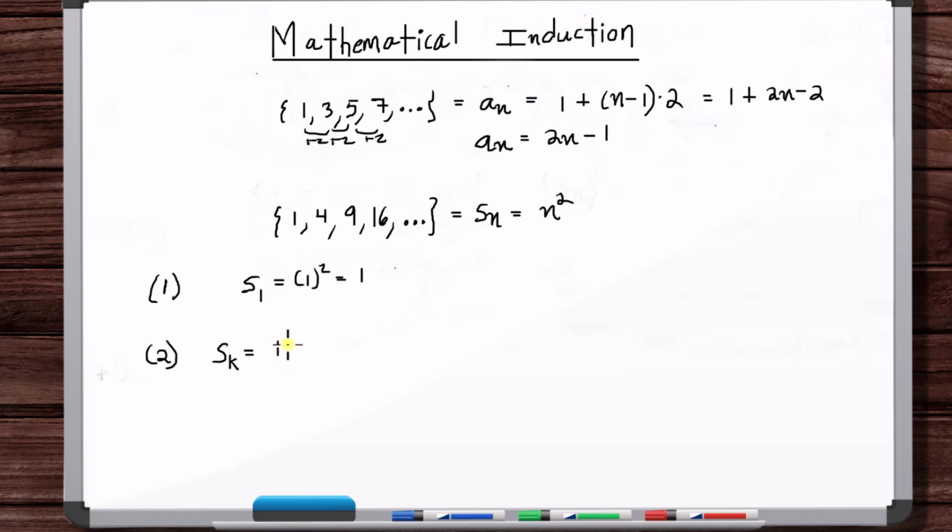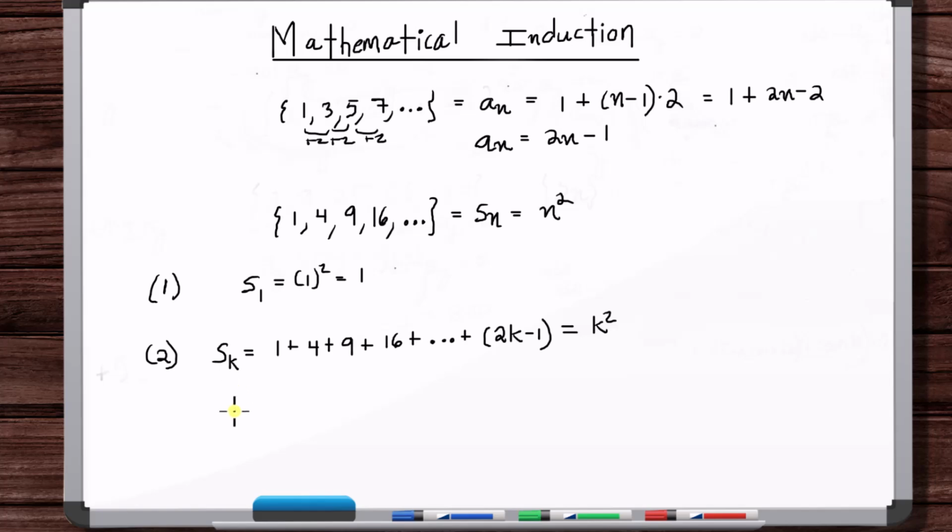You would have 1 plus 4 plus 9 plus 16 plus, and so on, because we're adding all the terms of this sequence, up to 2k minus 1, the last term of the sequence, and this is equal to k squared. We're changing from the index n to k for the proof.